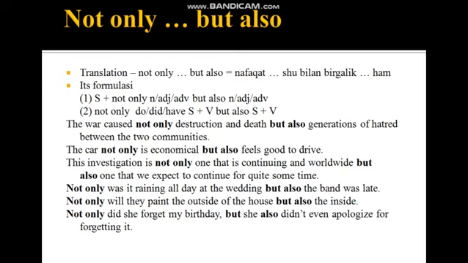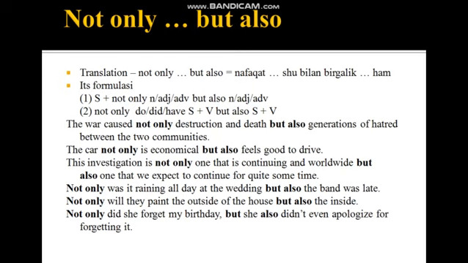See, I'm going to use "destruction," which is a noun: destruction and death, but also generations of hatred. That's another noun. And: the car not only is economical, but also feels good to drive. See, guys, we've got two adjectives right here.